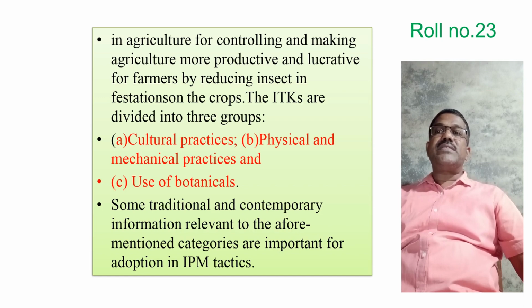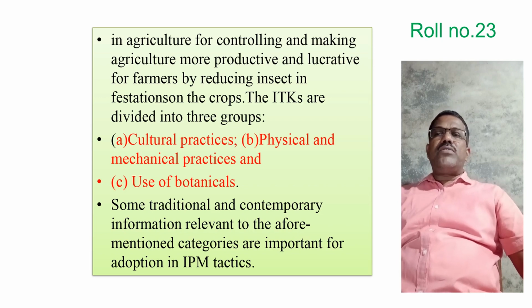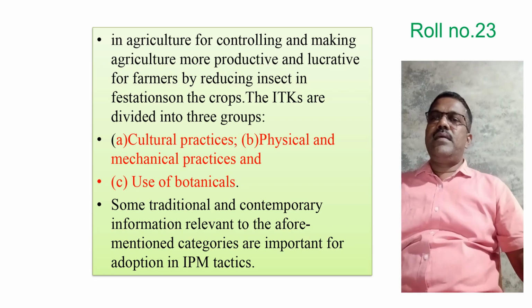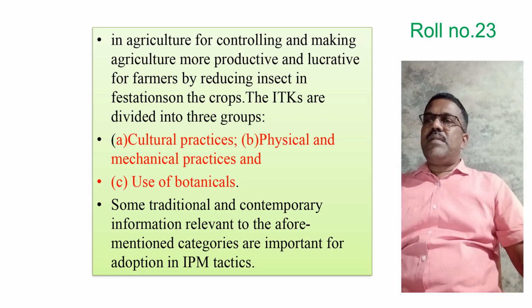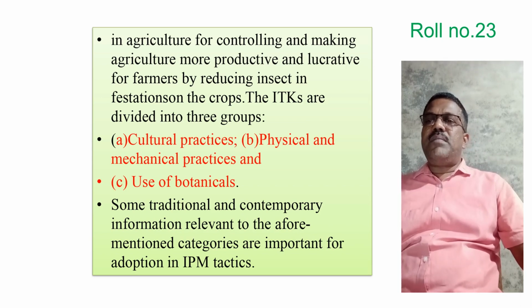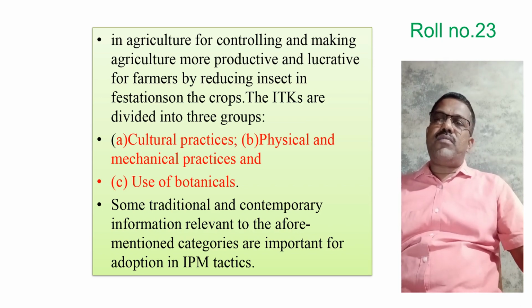The IKS are divided into three groups: cultural practices, physical practices, and mechanical practices. And lastly, use of botanicals. Some traditional and contemporary information relevant to the aforementioned categories is important for the addition of IPM technology.